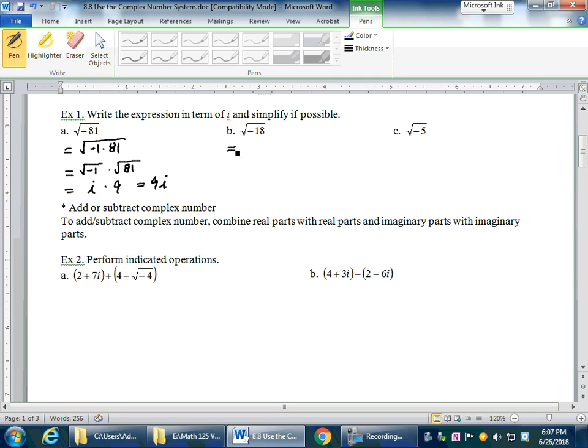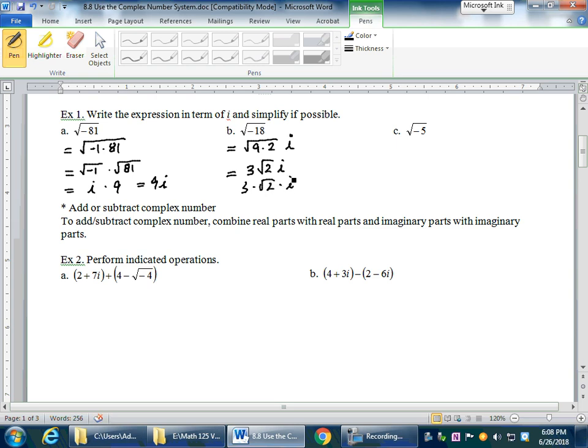Right away I know this will be the square root of 9 times 2, and I write the i outside, taking care of the square root of -1 mentally. Now I can simplify like regular radical numbers. The square root of 9 is 3, so my answer is 3 radical 2 i, which is another way of saying 3 times the square root of 2 times i.